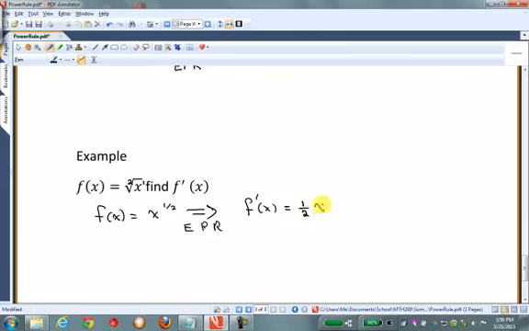The new exponent is one smaller. So this would be 1/2 x to the negative 1/2, which is 1 over 2 times x to the positive 1/2, which is 1 over 2 times the square root of x.